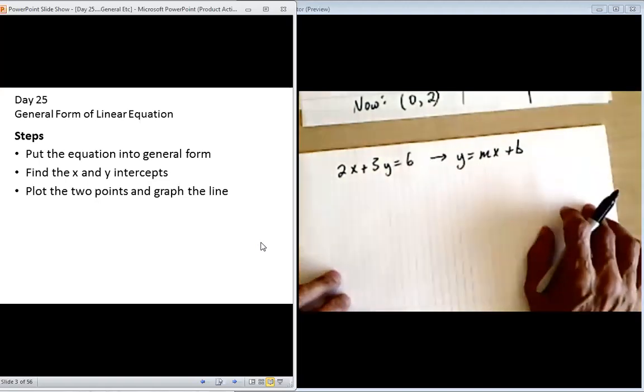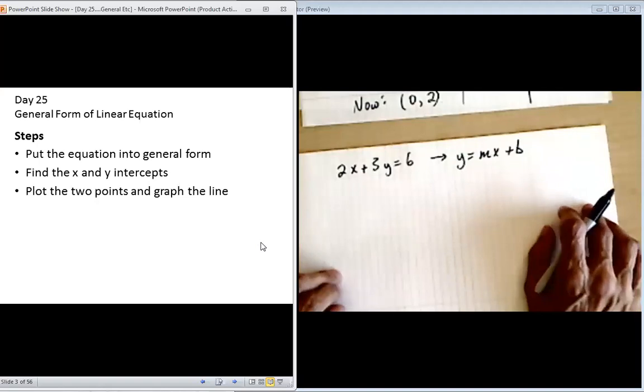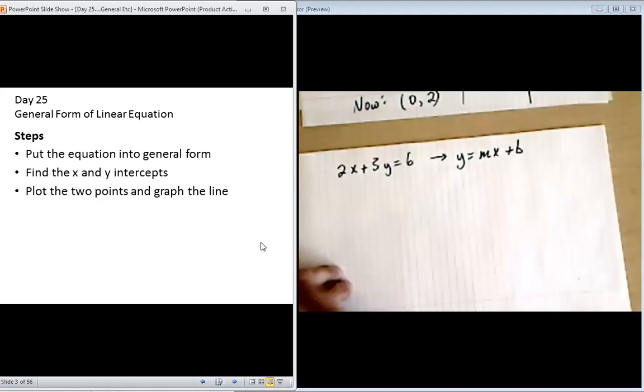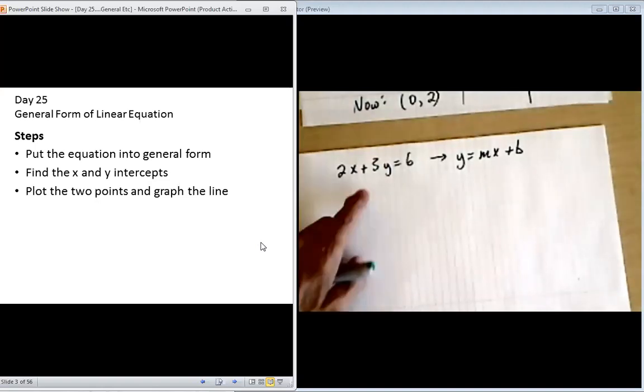What are we going to move? What are we going to do first? Peter, you want to help out with this one? We're solving for what?